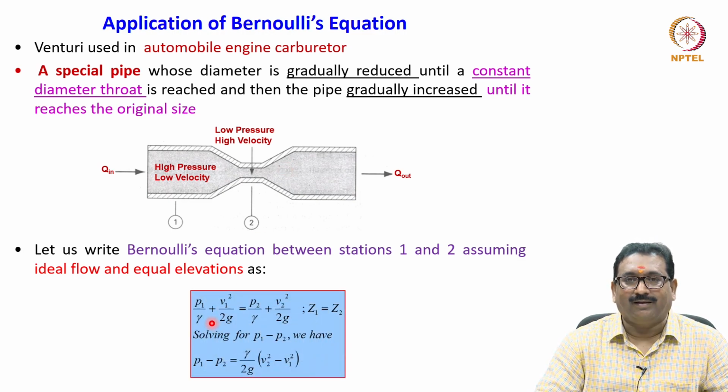The pressure energy, potential energy and kinetic energy are equal at stations 1 and 2, but since Z1 equals Z2, I am removing that term. Now I am considering only P1 by gamma plus V1 square by 2g equals P2 by gamma plus V2 square by 2g. Solving this, what will I get? P1 minus P2 equals gamma by 2g times (V2 square minus V1 square).